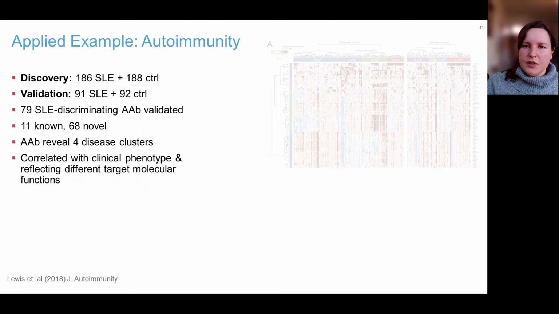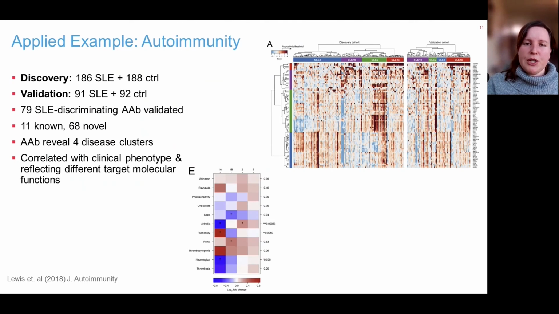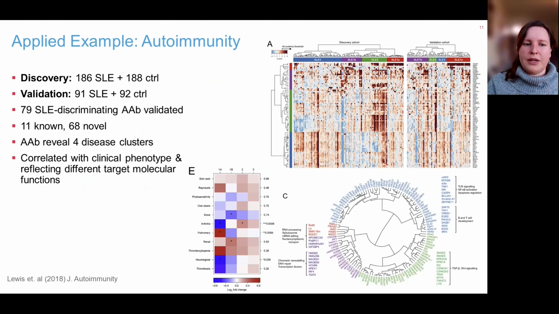And so these are what the subgroups look like on a heat map. But not only did these subgroups exist based on autoantibodies, the subgroups actually correlated with clinical phenotype and reflected differing target molecular functions. So I hope this gives you an idea of the strength of this kind of approach.